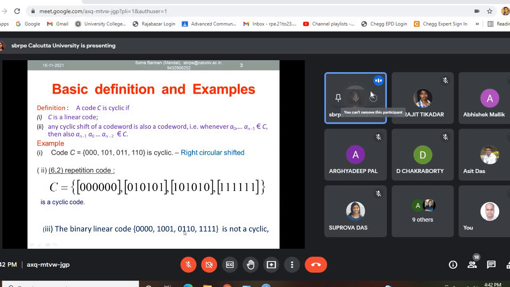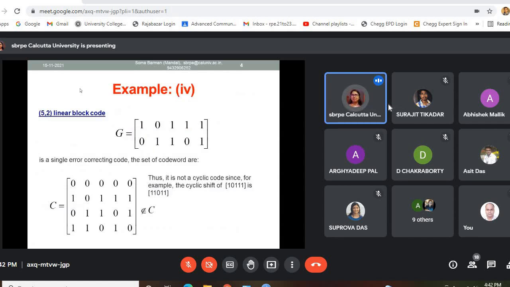Now for this case, if I shift it, 0 will be shifted here. So 0, 0, 1, 1. Code will be 0, 0, 1, 1. That also is not within your code C. So this does not satisfy the second property, that is the cyclic shift property. Okay.